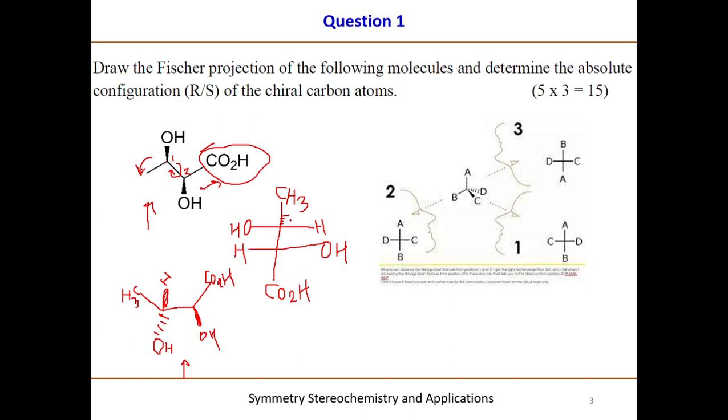You can draw it in a different way also, like you can write here the CO2H group if you are looking from this direction. So you can change the direction and draw the molecule accordingly, but you can also directly interchange the substituents present on the Fischer projection, like you can change these two substituents, but you have to change these two also.